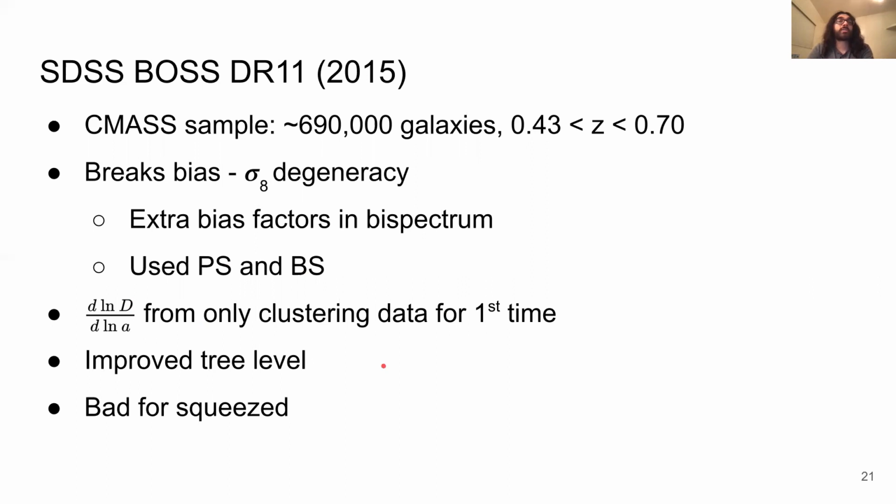And the specifics of the bispectrum they used was essentially this tree level bispectrum with the improvements that I had mentioned earlier. The downside is that this model is not very good for the squeezed configurations of the bispectrum.